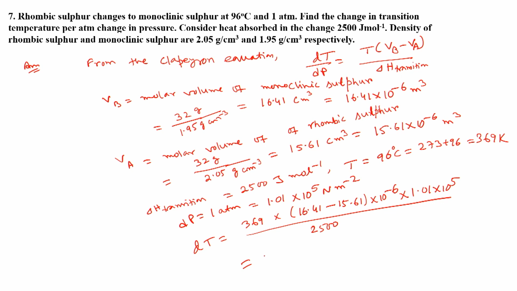So if we do it, we get 0.011 Kelvin. Okay, this is the change in the transition temperature per atmospheric change in pressure.